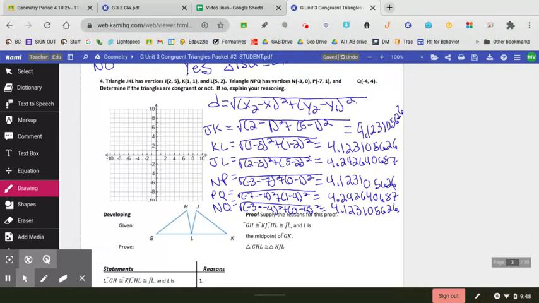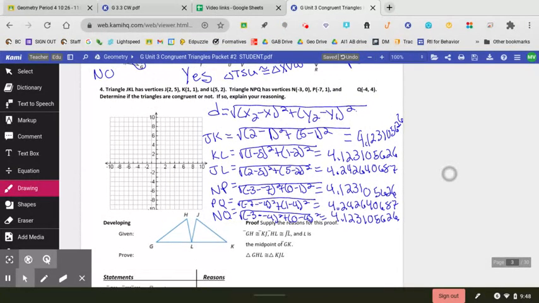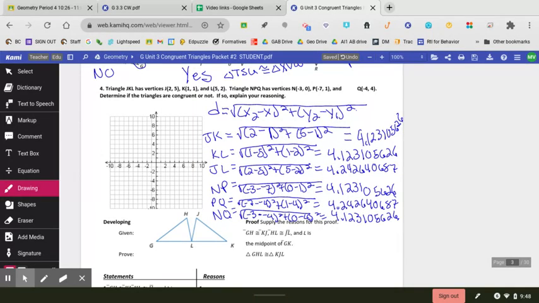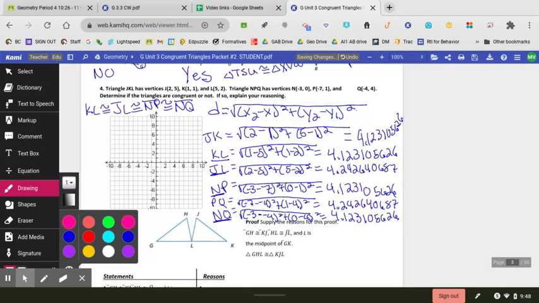Okay, so looking at all my distance formulas, I see a couple of really important things here. I see that KL, JL, NP, and NQ are all the same length, which means those are all congruent, which means both these triangles are isosceles. So then what's really important is I need to check the other side.